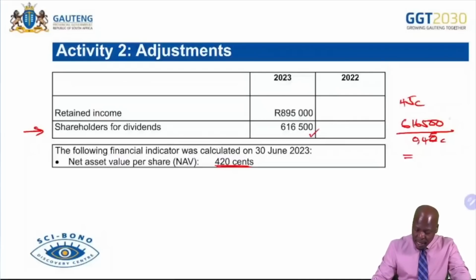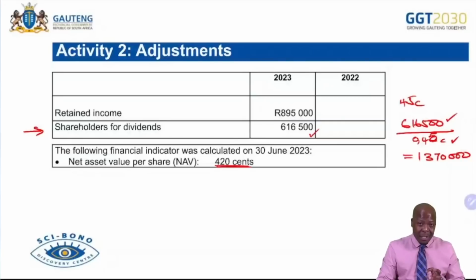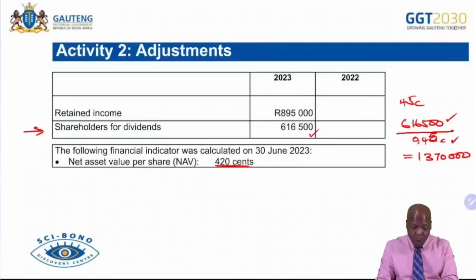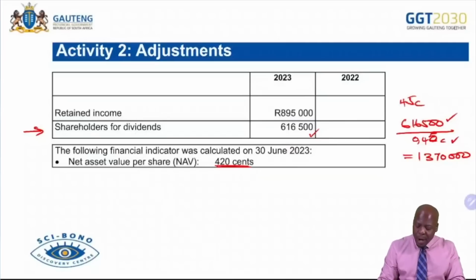So if you say 616,500 divided by 45 cents, which is 0.45, you would then end up with 1,370,000 shares.